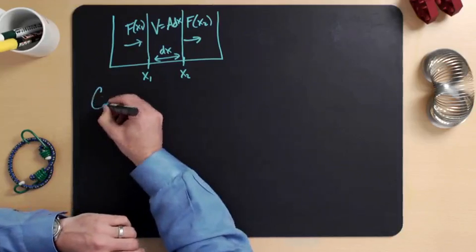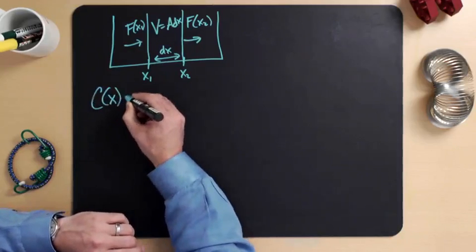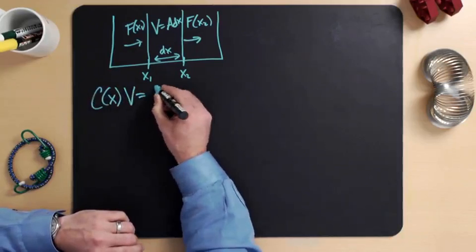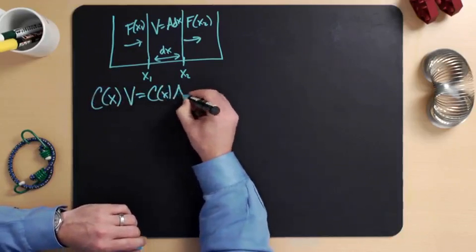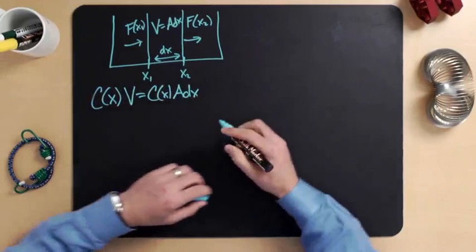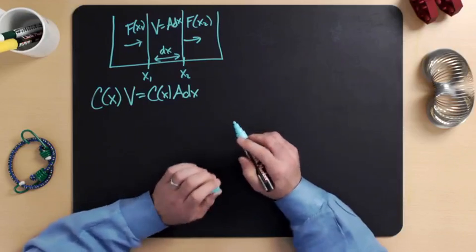Now, however, we are going to allow the mass in that volume to change as a function of time. The mass in a small volume is the concentration times the volume. So C of x times V, which is equal to C of x times A dx. And that's the mass inside the volume.